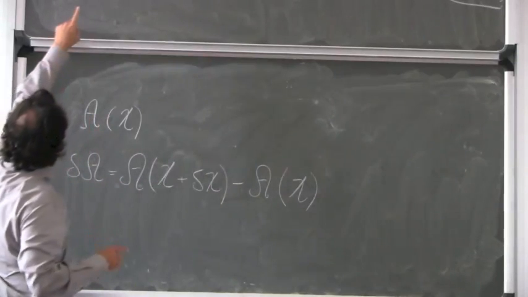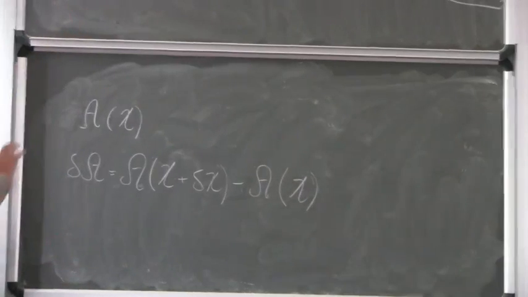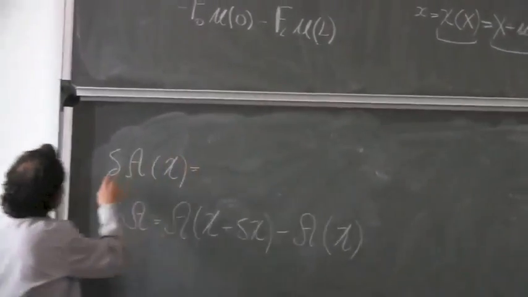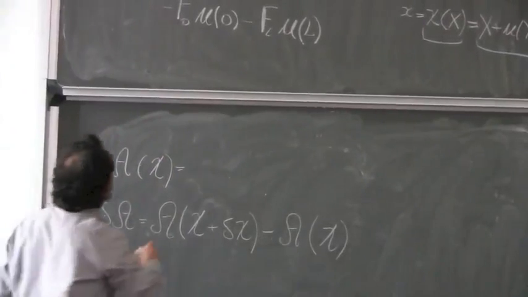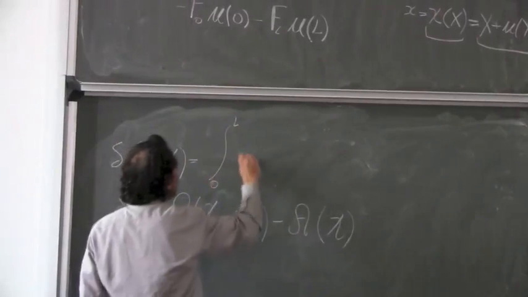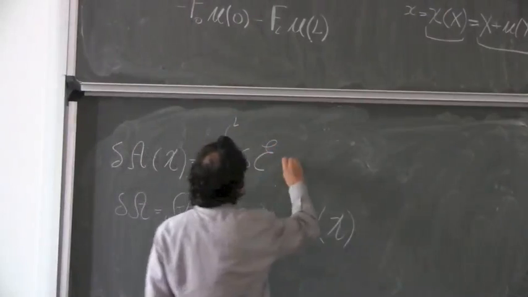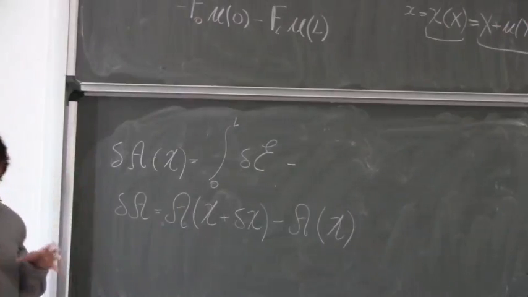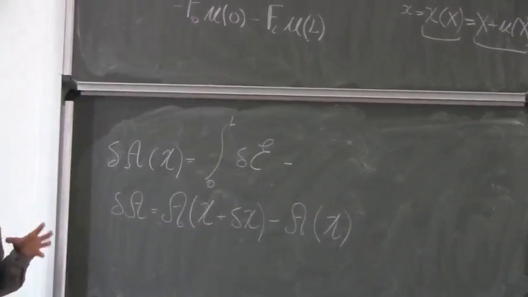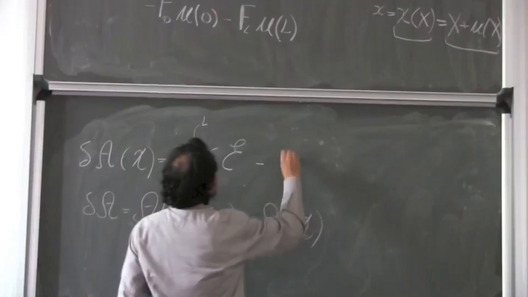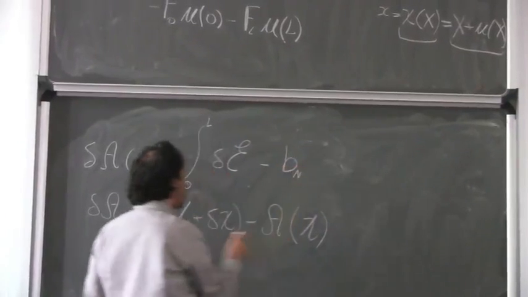Since the integral is done over a fixed volume, we can evaluate now the variation of A, inserting this symbol inside the integral. And here we can say the integral from 0 to L of the variation of E minus, let us assume that Bn is something from the external world, so it has nothing to do with the displacement, so it is independent of displacement.